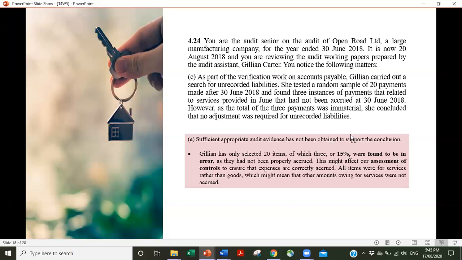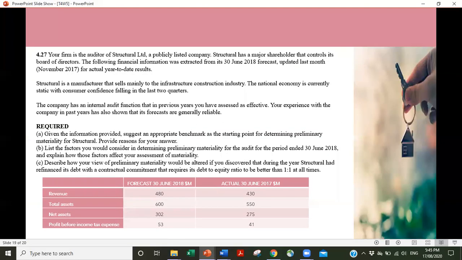All right, so the last one is about, given this information, suggest the benchmark, list some factors for preliminary materiality and describe when you might alter it.